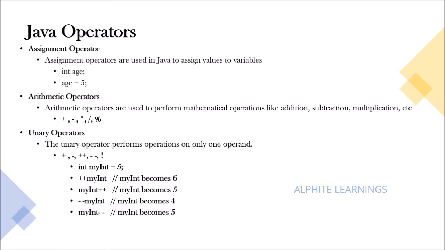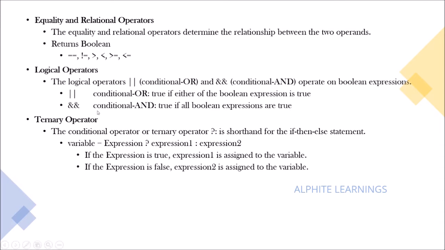For example, if you apply this not in front of a boolean, I'm telling you boolean because it is easy to understand, if it is true, it will change to false. If it is false, it will change to true. Okay. So not equal to is used to check if two numbers are equal or not equal. The same goes for less than, greater than, less than or equal to, greater than or equal to, the same as the mathematical signs.